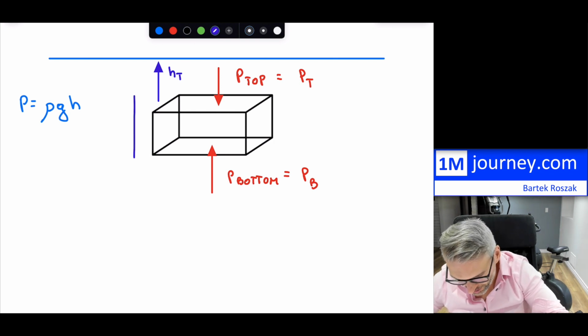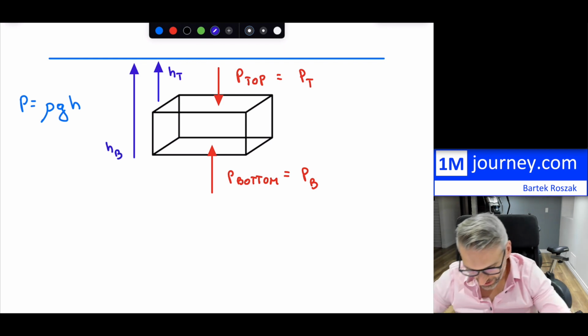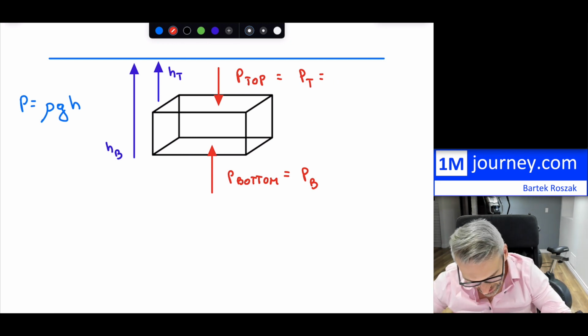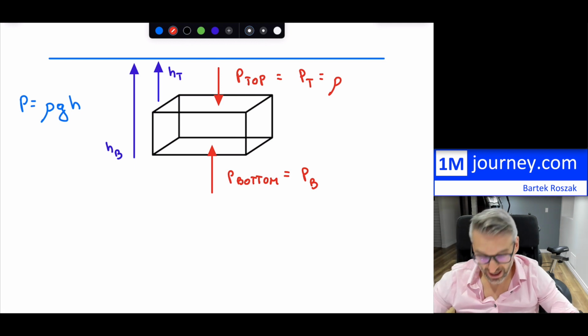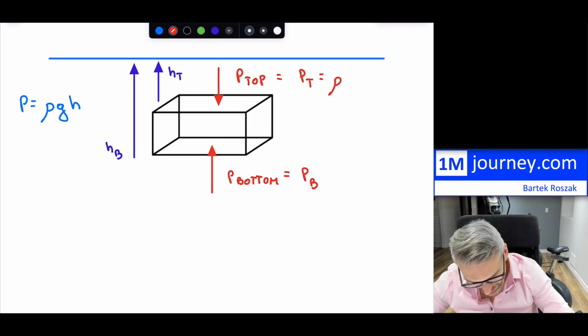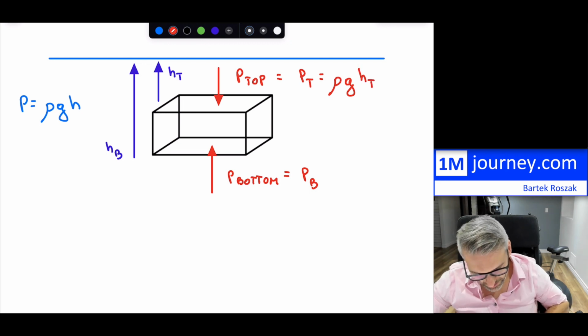And from the bottom, this is going to be a little bit longer, and this would be HB, for the bottom. Therefore, the pressure up on top is equal to the density of the fluid you're discussing, times gravity, times the height. So this is going to be HT. That is the pressure.